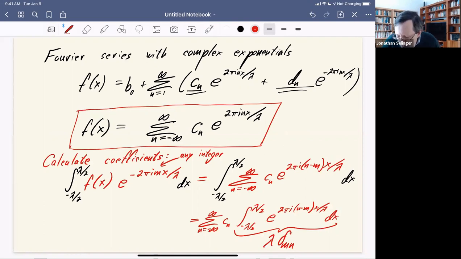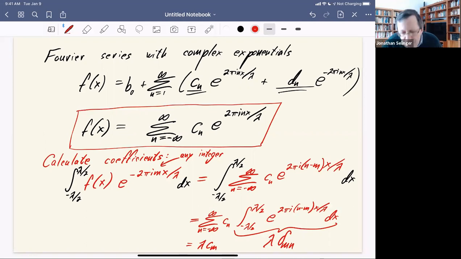Okay, and now we know how to do this sum, because we have a sum over an infinite number of n values, but only one term in here is non-zero. It's the one where n is equal to m. That term gives us lambda times Cm.